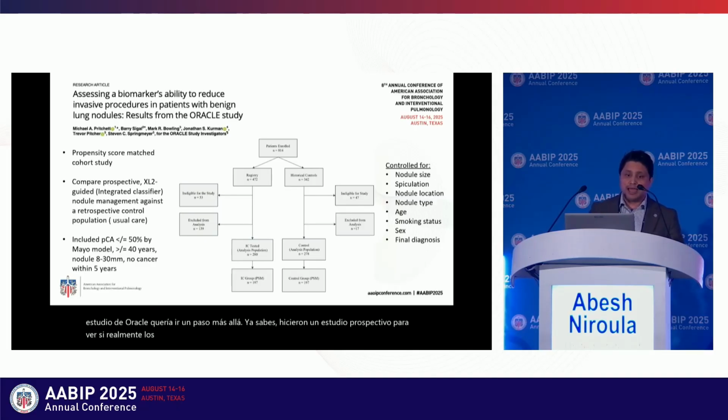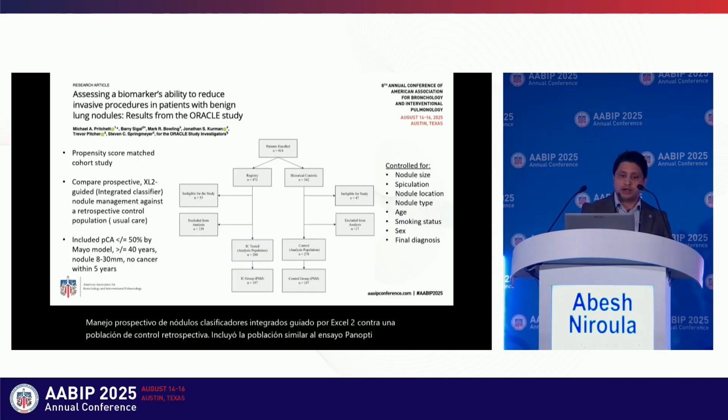This was a propensity score matched cohort study where they compared prospective XL2-guided integrated classifier nodule management against a retrospective control population. It included a similar population to the PANOPTIC trial, and they controlled for nodule size, spiculation, and other parameters.